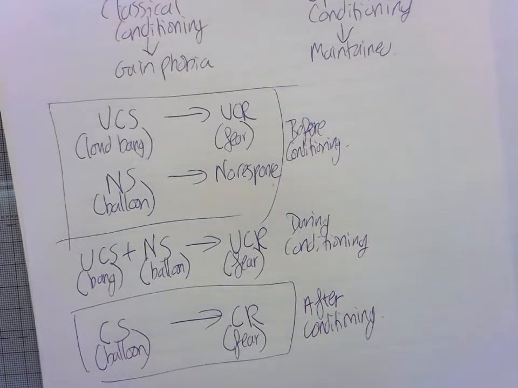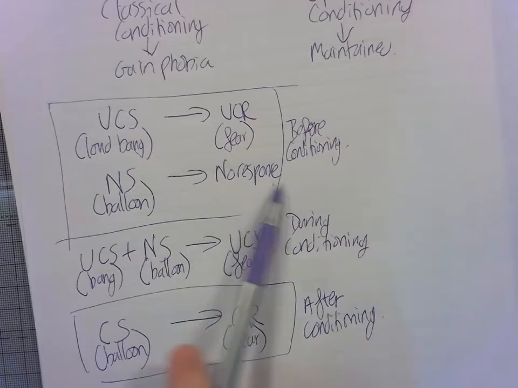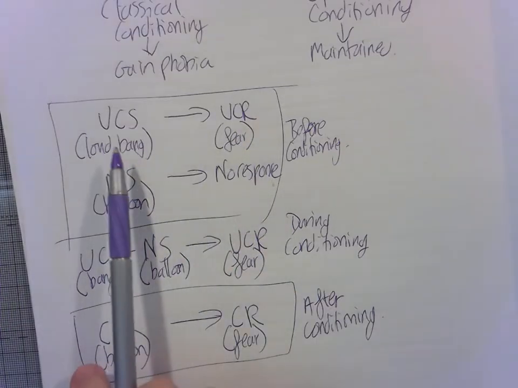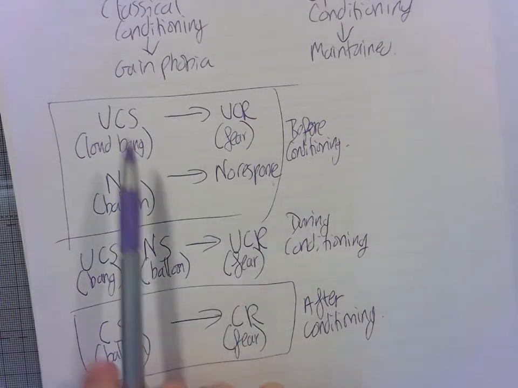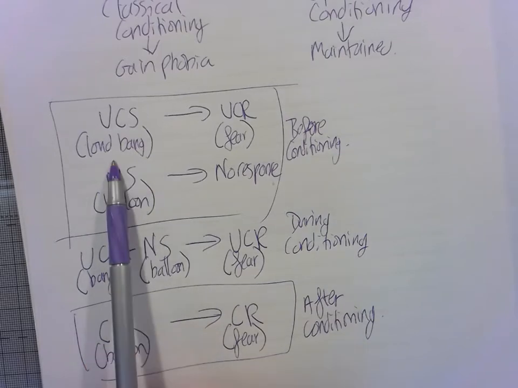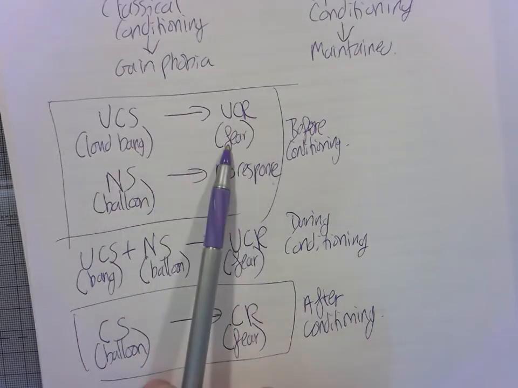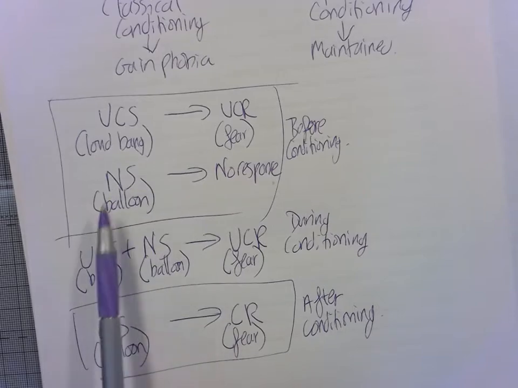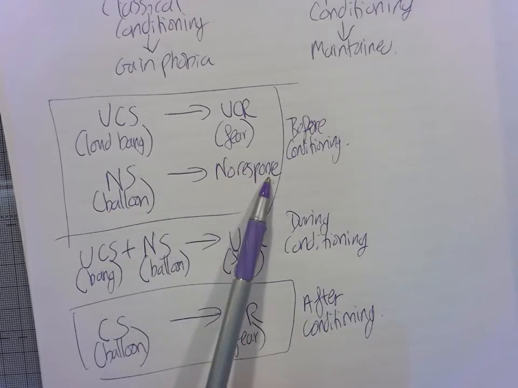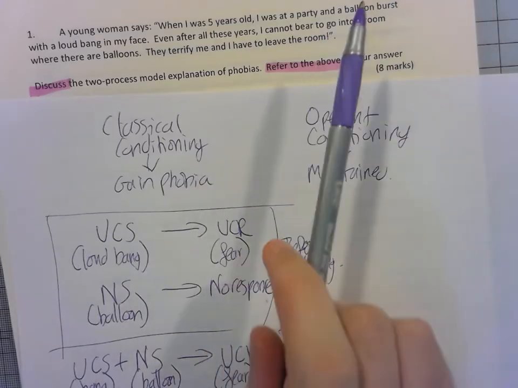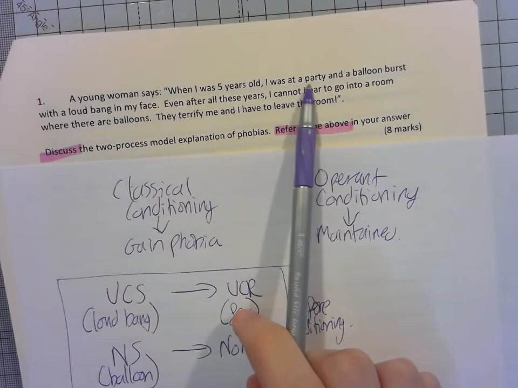So that's actually quite a lot to talk about in terms of your description. You'd say that the phobia is gained through association, and then you talk through this. However, before the association happens, we've got an unconditioned stimulus of the loud bang causing an unconditioned response of fear, and the neutral stimulus of a balloon causing no response. Whilst the young woman, as you can see here, let's start signposting and showing that we can apply.